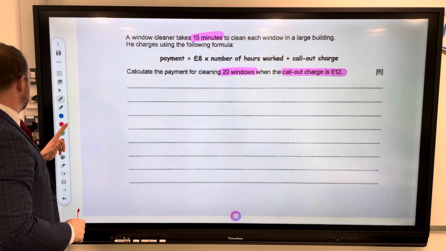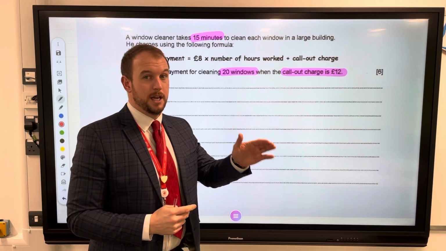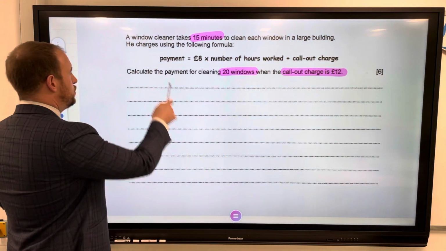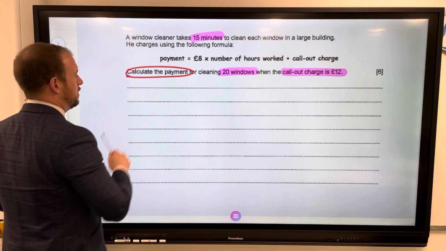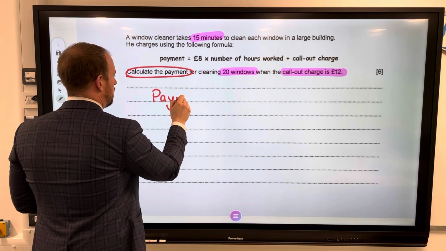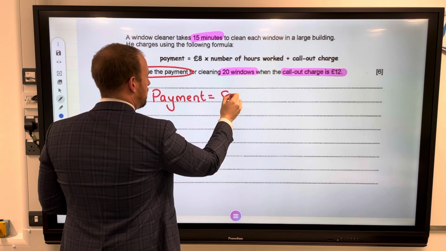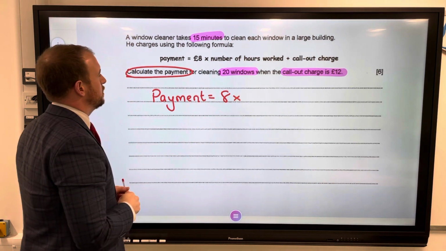Okay, so now, using substitution, let's start putting some numbers into where the words are in the question. Do we know the payment? No, because we have to calculate the payment. So the payment equals £8 multiplied by the number of hours worked.